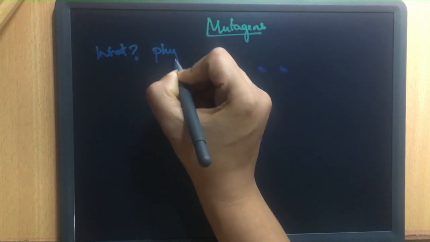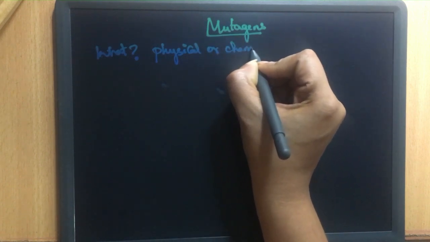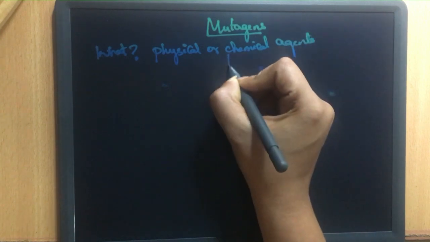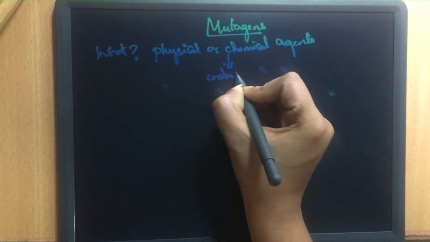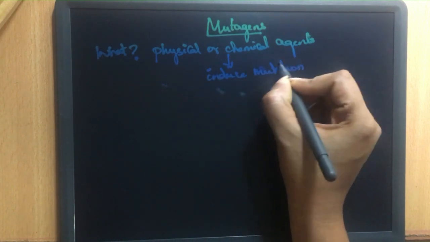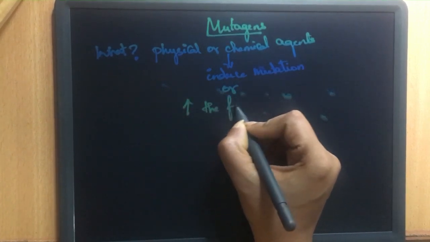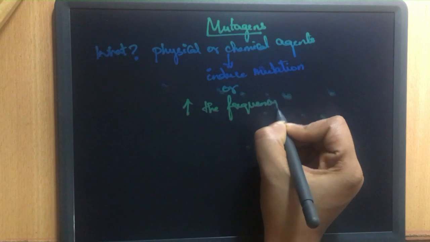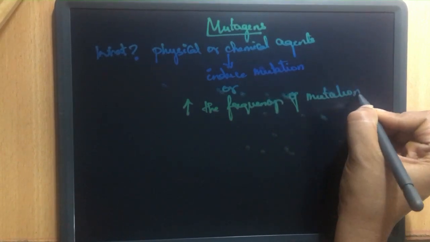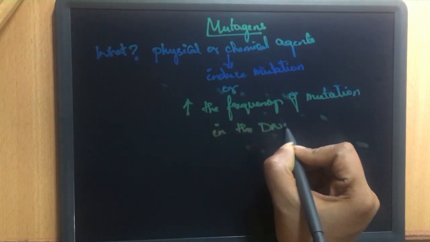Mutagens are the physical or chemical agents that have the ability to induce mutation or increase the frequency of mutation in the DNA.